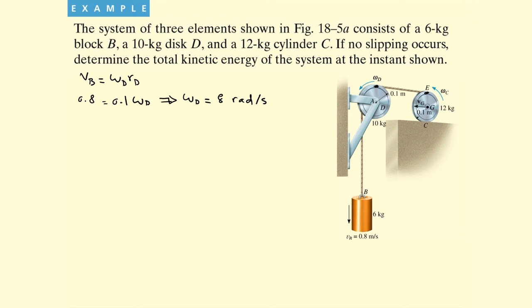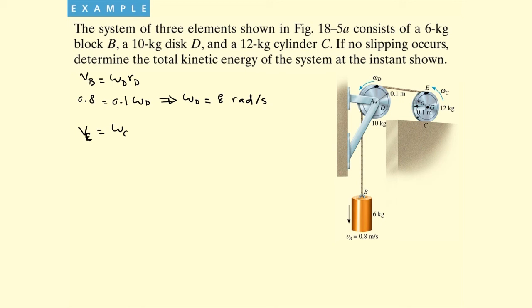Therefore VE, which we will get from disk D, should equal omega C. Now I cannot say RC because this is not pure rotation.